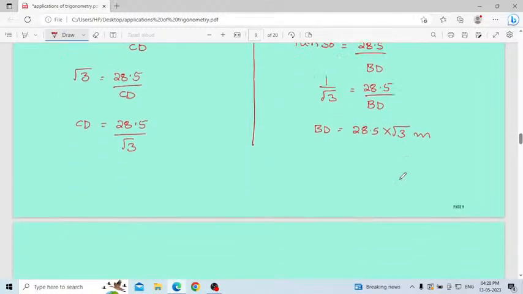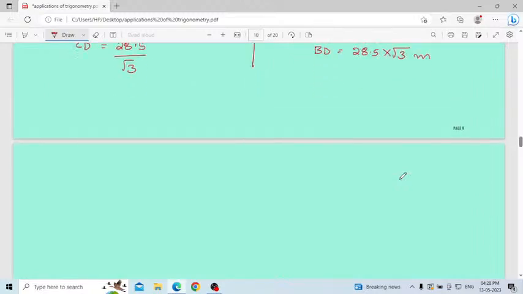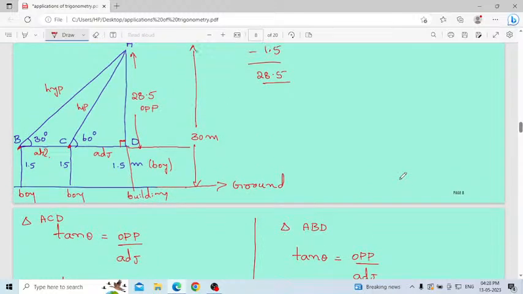Now what you have to calculate, I will write in the next step. You have to calculate the value of BC, from here to here, how much he walked towards the building. How will you get BC? The full length BD minus DC.